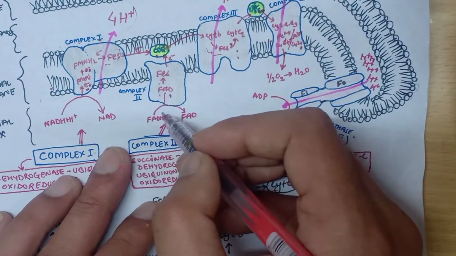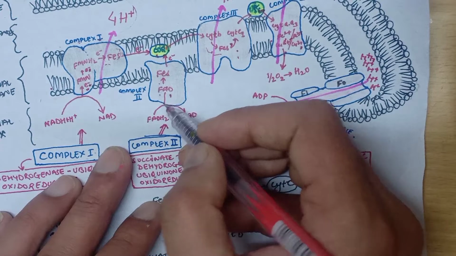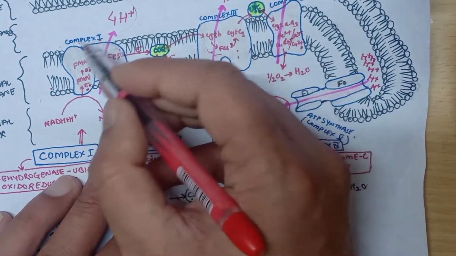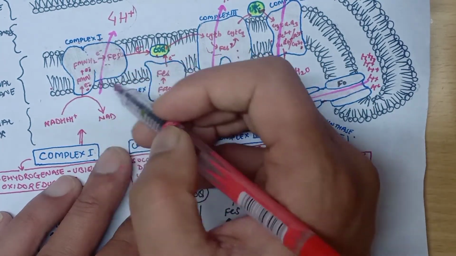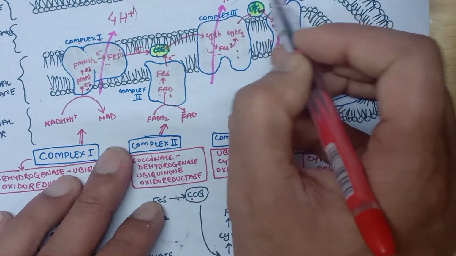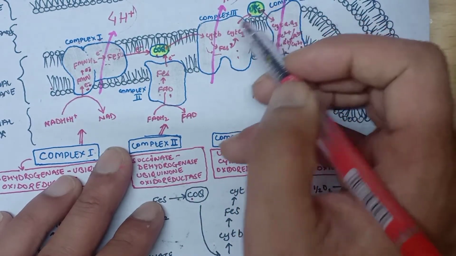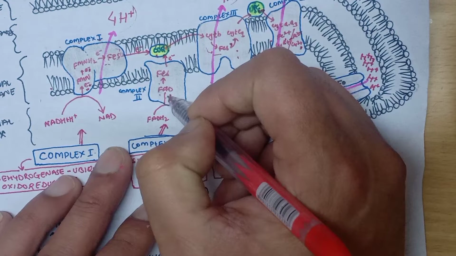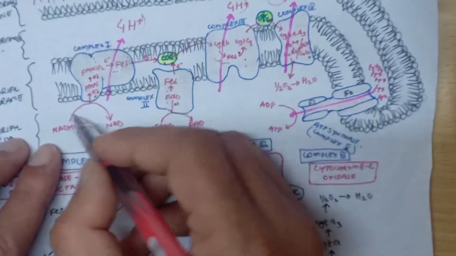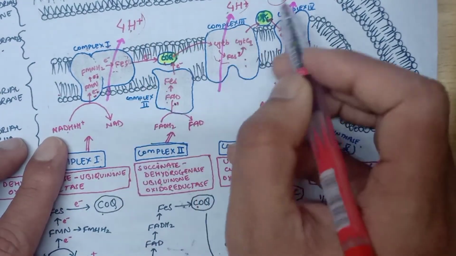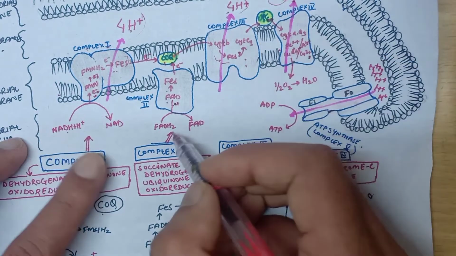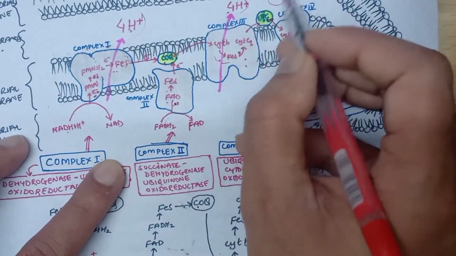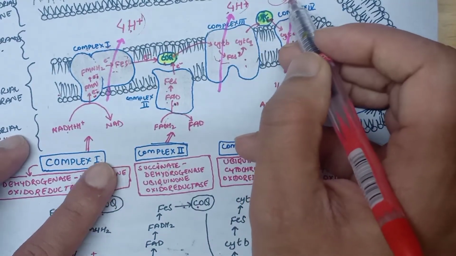But during the transfer of electron from FAD or from succinate, first step is skipped. That is why only 6 protons are pumped out during the transfer of electron from complex 2. From NADH we get 10 protons, and from FAD we get only 6 protons.